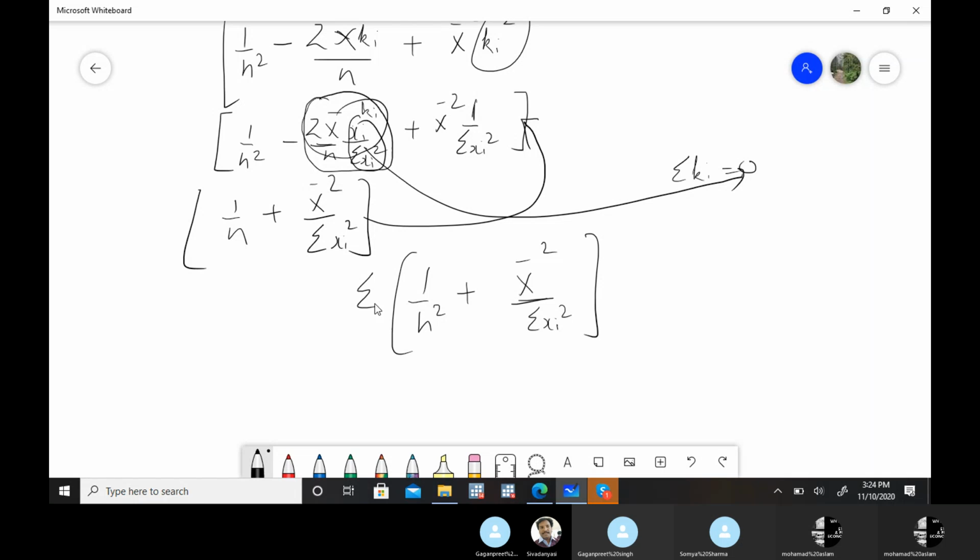Outside we have a summation. If we put a summation here, it will be n by n square plus, since it's a constant term, n times mean square upon summation xi square. The n and n will cancel out, so it will be 1 by n plus mean square with n summation xi square.